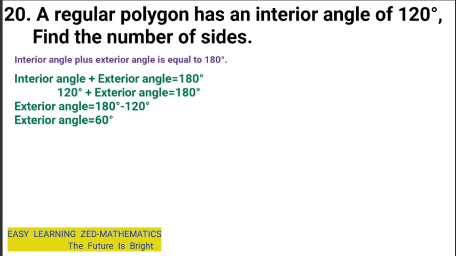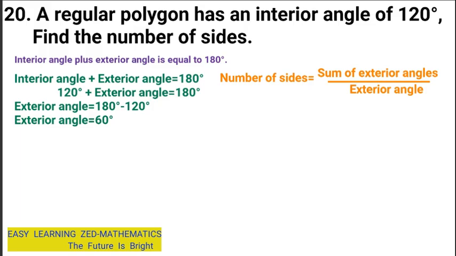To find the number of sides, we are going to use this formula: number of sides is equal to the sum of exterior angles over the exterior angle. Here you need to know that no matter how many exterior angles there are, the sum of exterior angles is always the same.